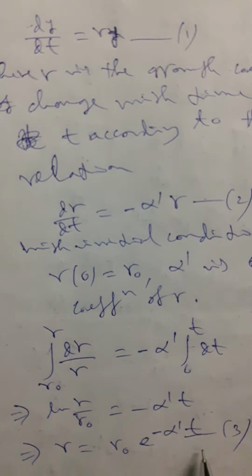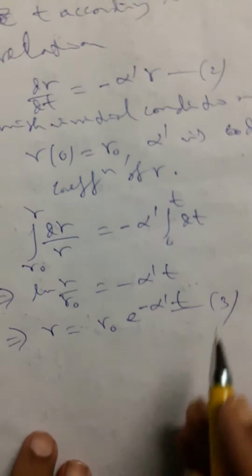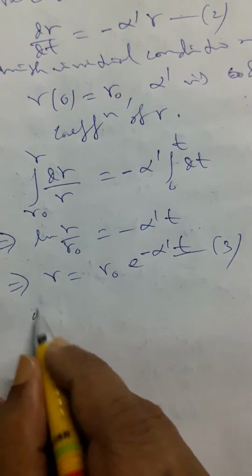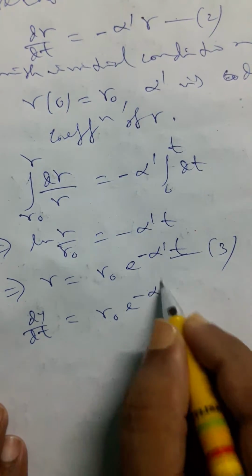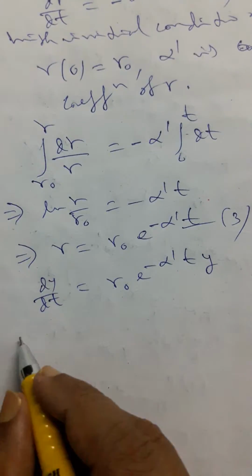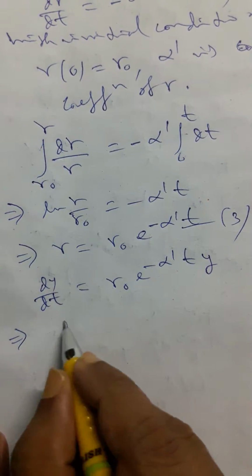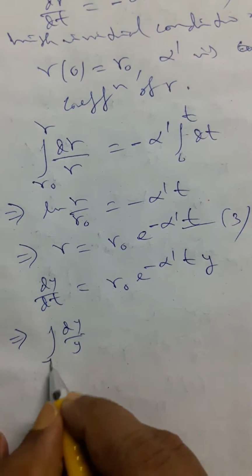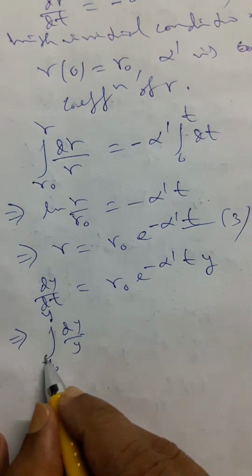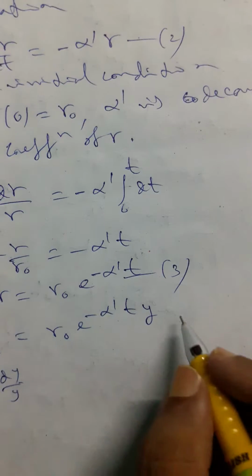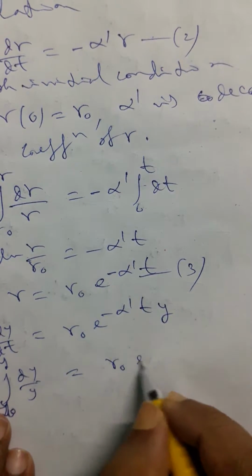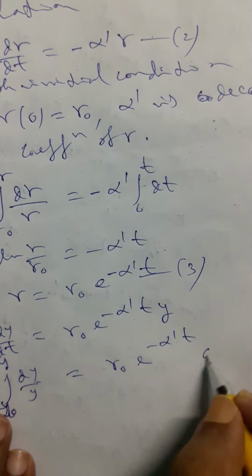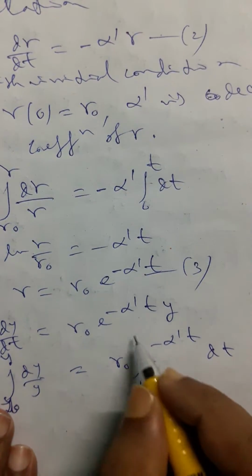Now substituting 3 in 1, that is, substituting this r, we obtain dy/dt equals r y, that is r0 into e to the power minus alpha dash t into y. Now taking dy by y, integral from y0 to y, equal to r0 into e to the power minus alpha dash t dt, integral from 0 to t.